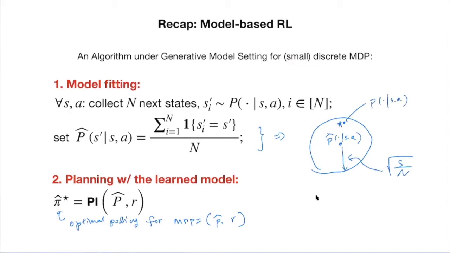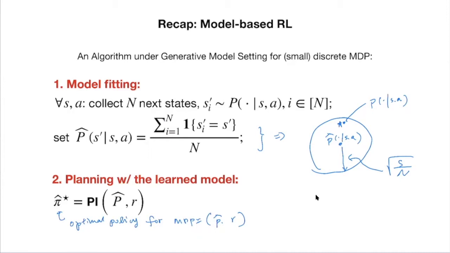We don't know where it is, but we know the maximum distance between the ground truth and the center of this ball, right? That's good enough because, if you recall the simulation lemma, all we care about is the one-step deviation, this L1 distance between the ground truth P and the center of this ball P hat, which is our estimate, right? And then you plug this into the simulation lemma, you get a bound for the policy that you just computed, right? That's all we did last Thursday.